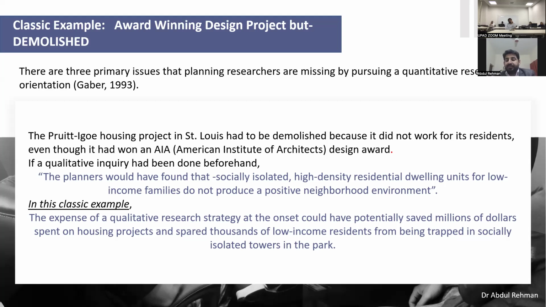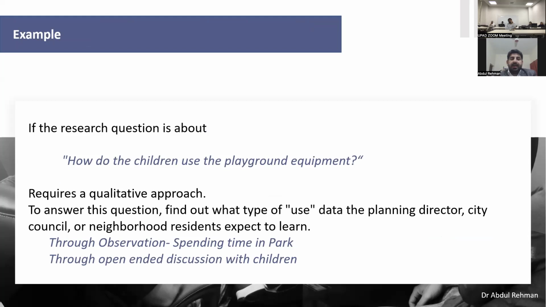So in another example, if you are an urban designer or a landscape architect and the research question is about how children use playground equipment, how can we answer this question?